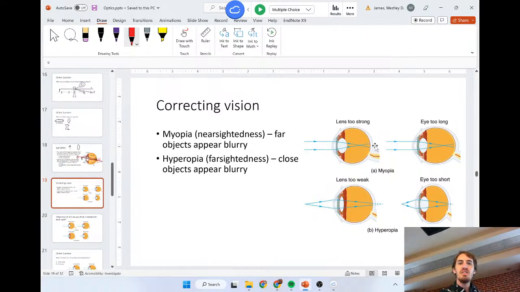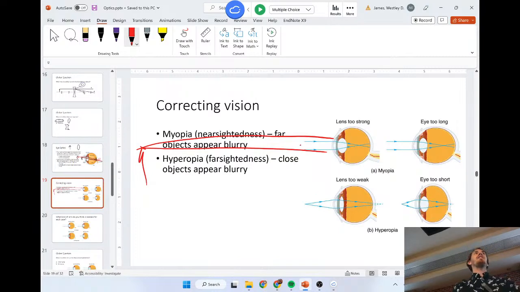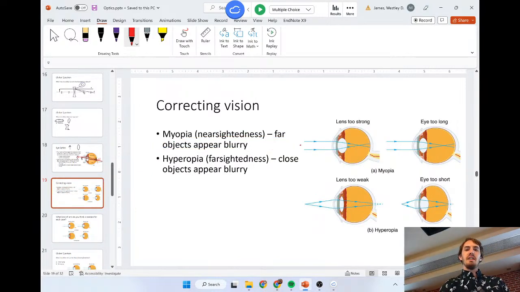Let's see what happens for nearsightedness, when you have something far away. When something is far away, it's as if those light rays are parallel. Why? Because the thing is so far away, like I can't even draw it off the screen, that if I drew my rays, they effectively are going to be parallel. Let's take the example of the sun.